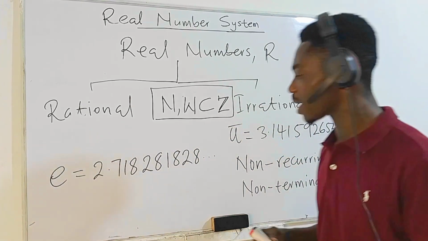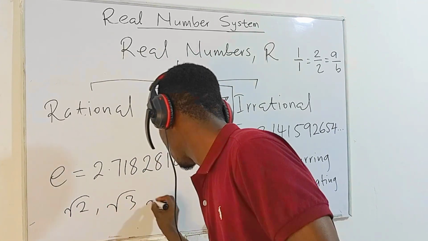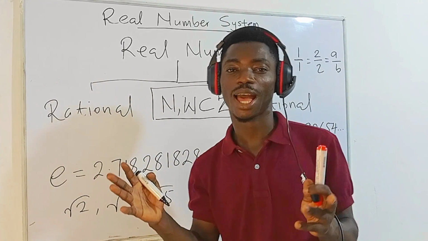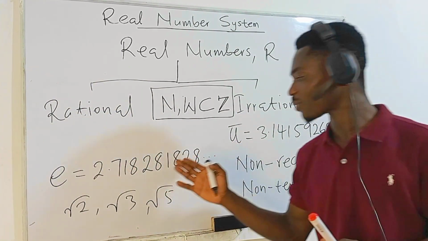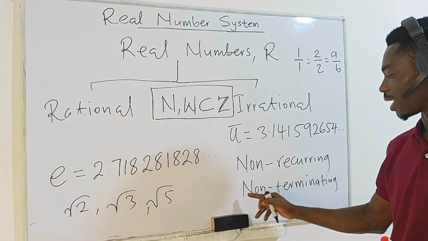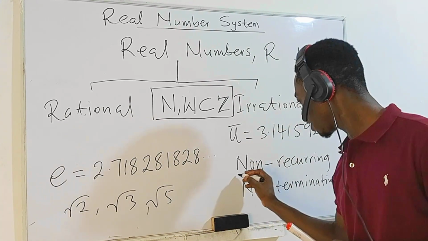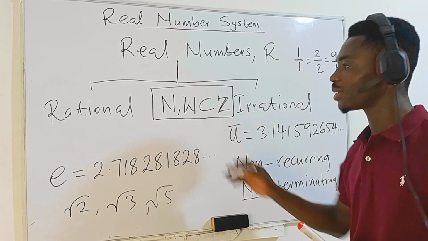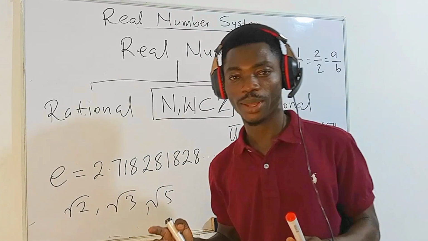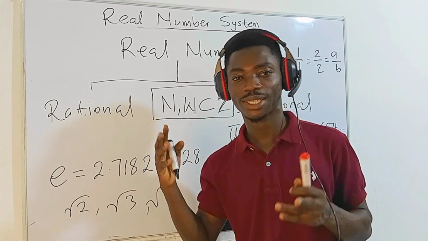Another example of irrational numbers are square root of 2, square root of 3, square root of 5. In fact, square root of all prime numbers are irrational. If you use a calculator for them, you'll be getting digits that are non-recurring and non-terminating at the same time. The key thing is that if one of these "non" fails, then it is rational. If you have forgotten prime numbers, a prime number is a number which has two factors, 1 and itself.